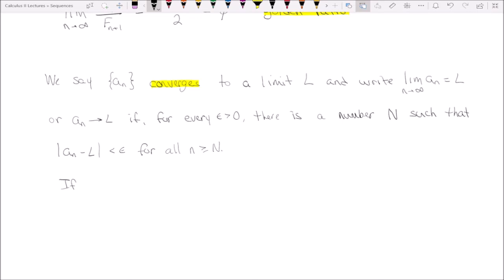If no limit exists, we say that a sub n diverges.